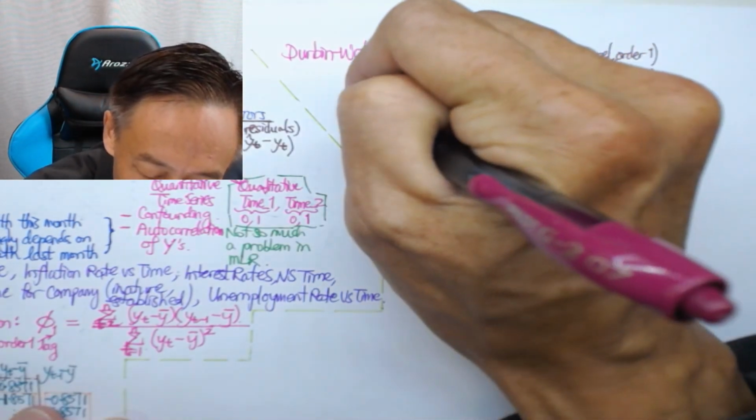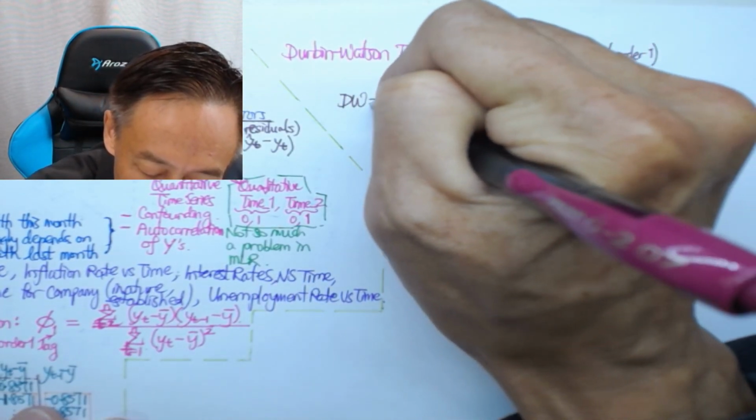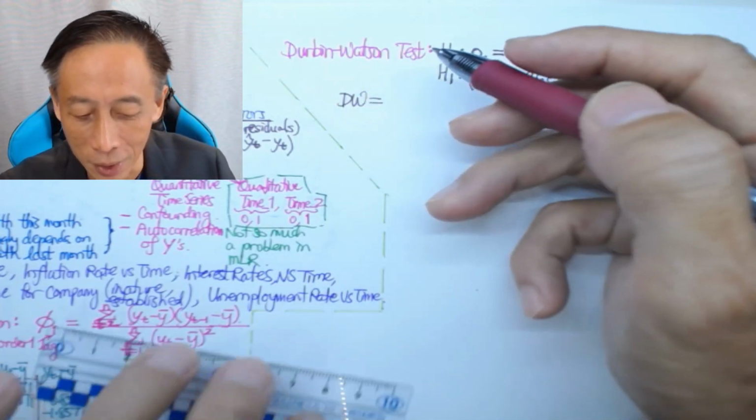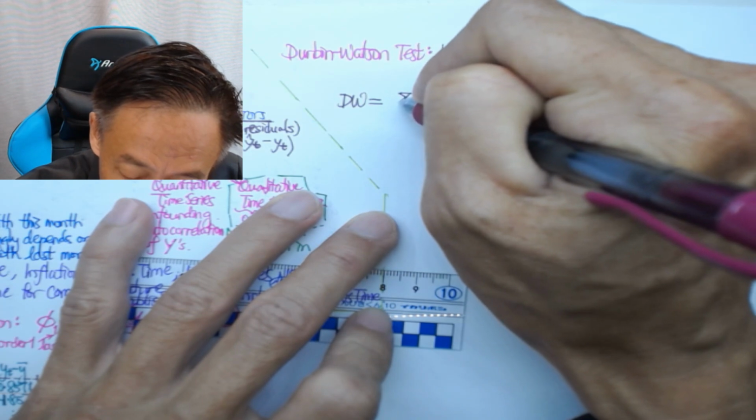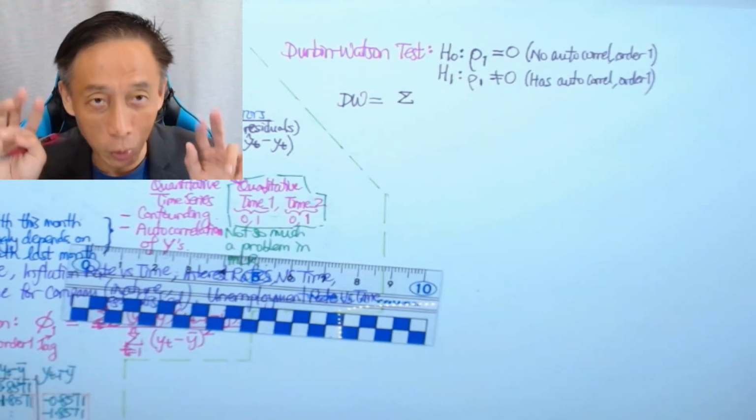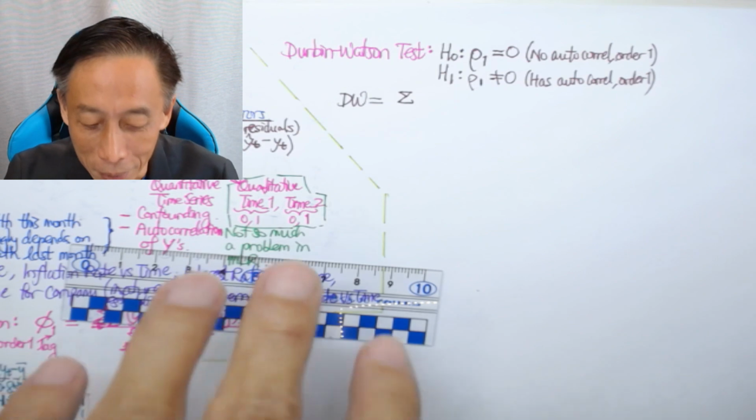So the test statistic is, with respect to the names Durbin and Watson, DW, right? Similar to the autocorrelation, it's a bit like a quote and unquote sample calculation, right?